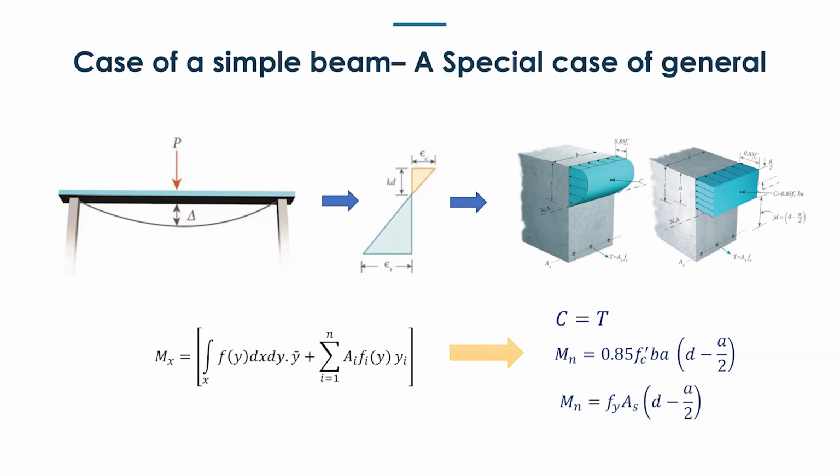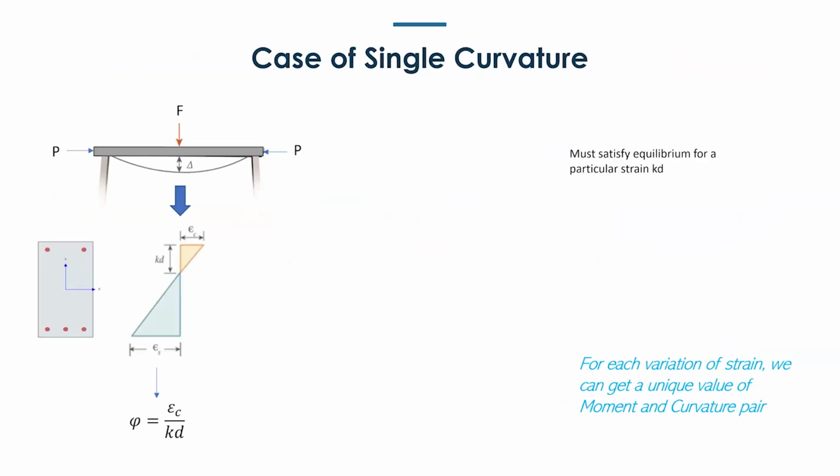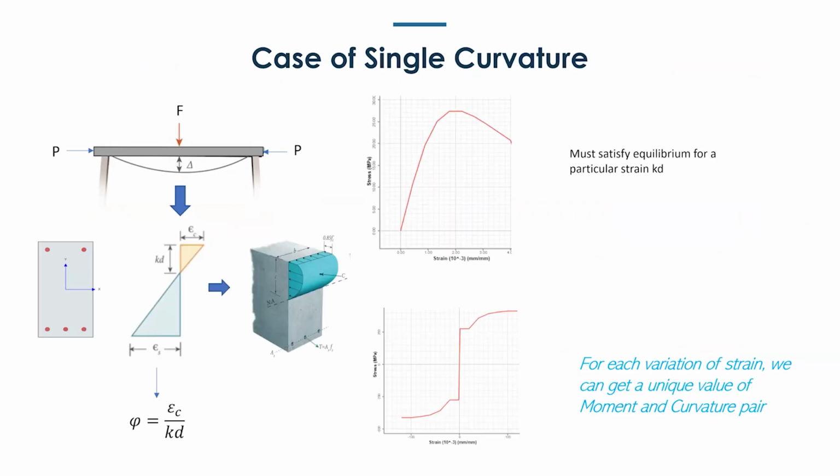Now, if we move forward to a general curvature case, which is not with the code, and we go from 0 to maximum possible deformation, if we apply load to a beam, and then the beam deforms, and then we get a curvature. For each curvature, we have once again the steel and the concrete stress-strain curves that we have used in the cross section, but this time we are not limited by the 0.003 strain value that we used for the capacity.